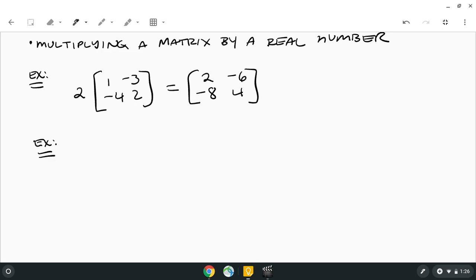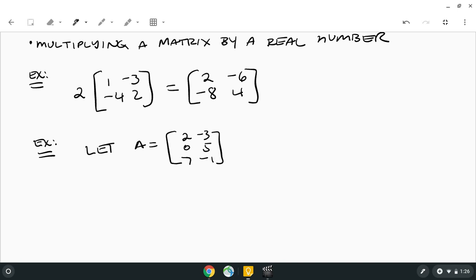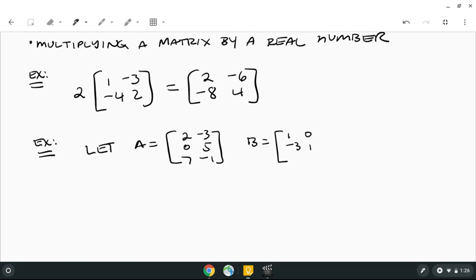Let's make it a little more exciting. Let matrix A equal 2, negative 3, 0, 5, 7, negative 1. And let matrix B equal 1, 0, negative 3, 1, 2, 2.